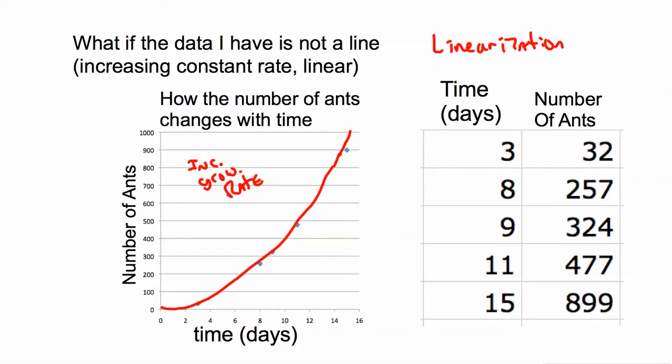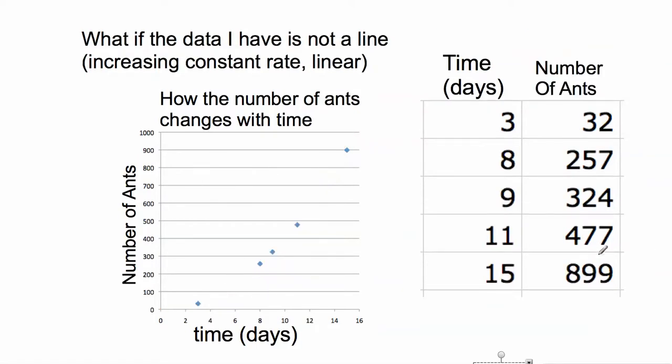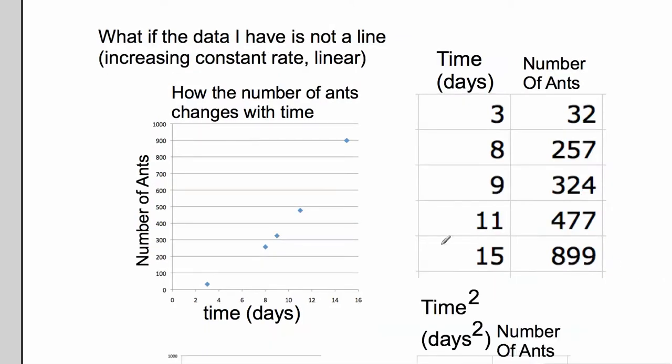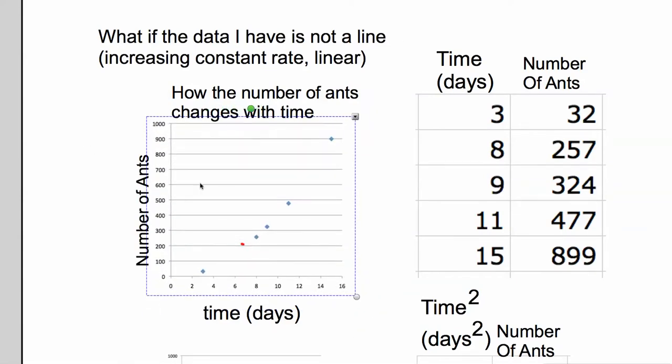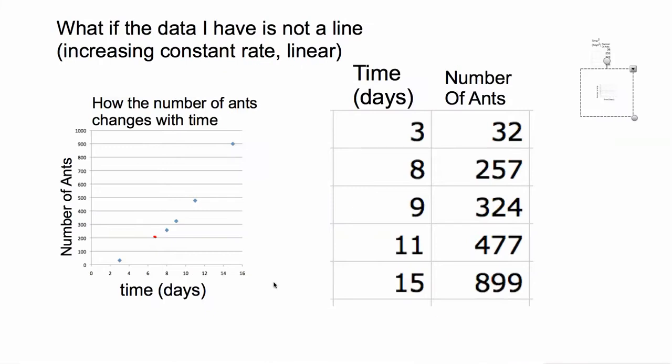And the first thing that we want to do is actually to linearize this. And here's how we're going to do that. Let me shrink this up a little bit smaller. Right, so the first step is to know that this kind of swoop, this increasing growing rate as we call it, has a mathematical relationship of being a squared relationship.